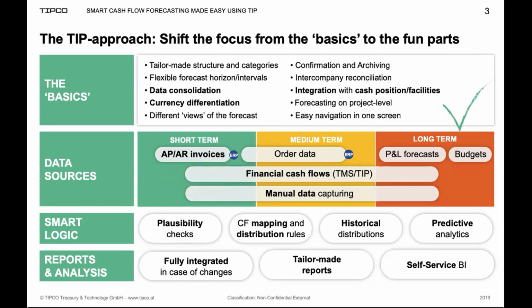That could be an ERP system from which we take over accounts payable, accounts receivable information, order data, or on a more long-term time horizon, information regarding the profit and loss forecast or budget information, potentially from another system than the ERP. So this is really where the fun starts, especially then using that data from other source systems and applying some sort of smart logic to the data.